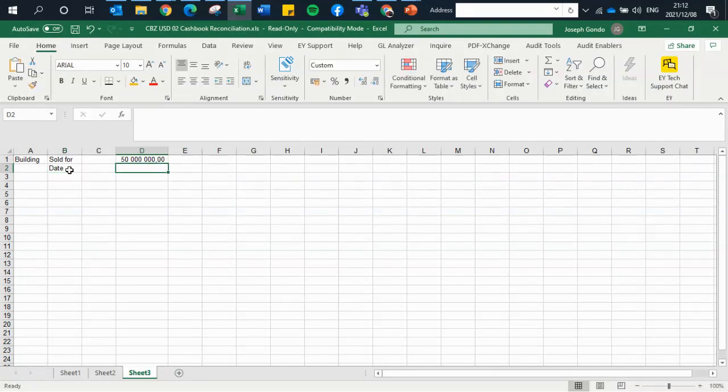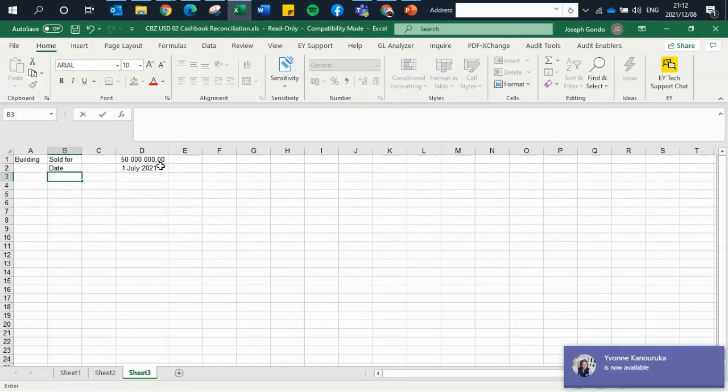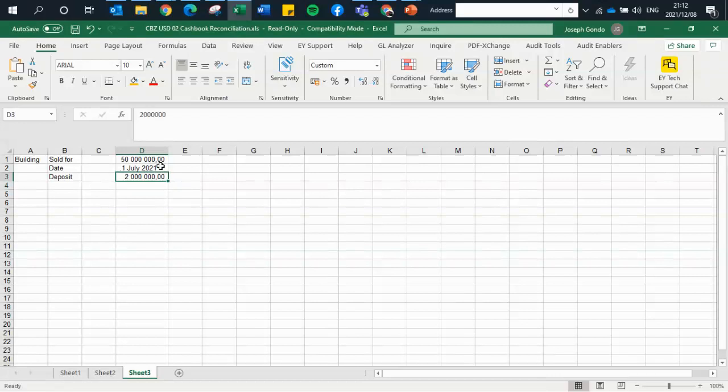The date was 1 July 2021. Then 2 million deposit.